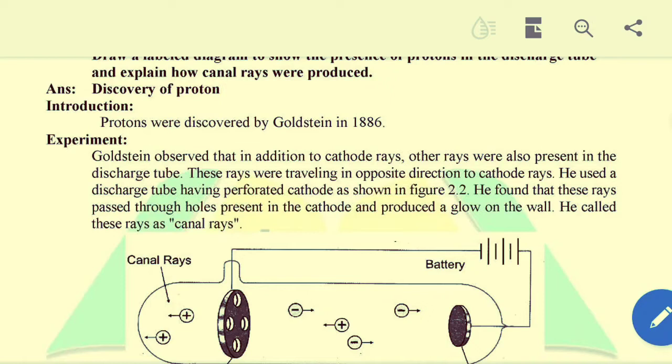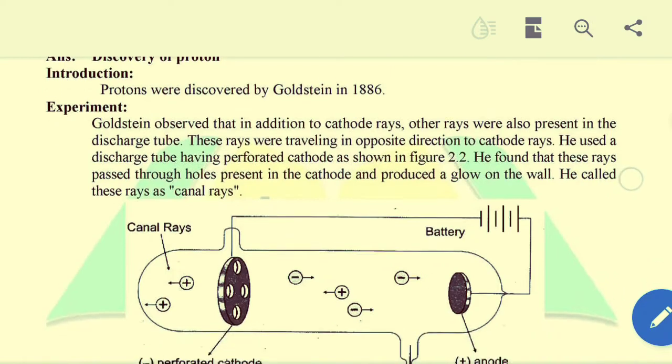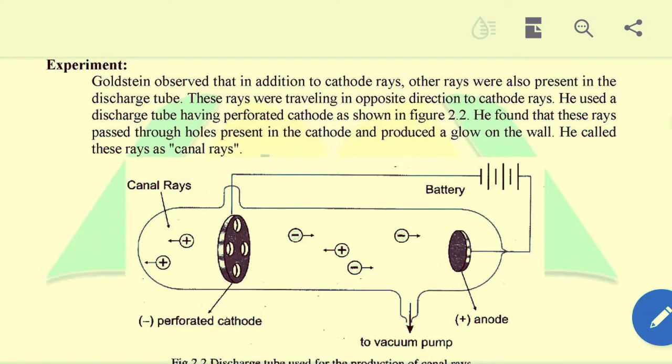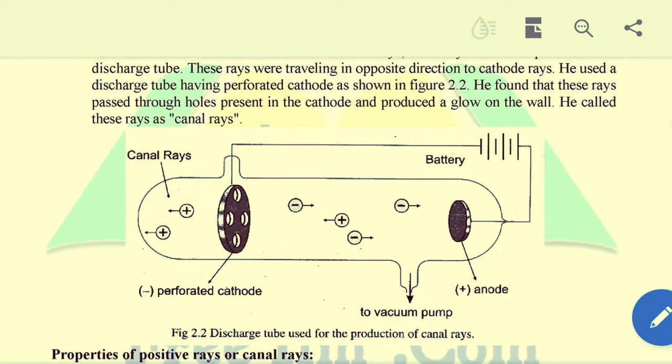To prove this, he used a perforated cathode, and when he provided electric current from a battery inside the discharge tube containing gas molecules, he observed that some rays are also produced in addition to cathode rays, which travel opposite to the cathode rays and move from anode towards the cathode.